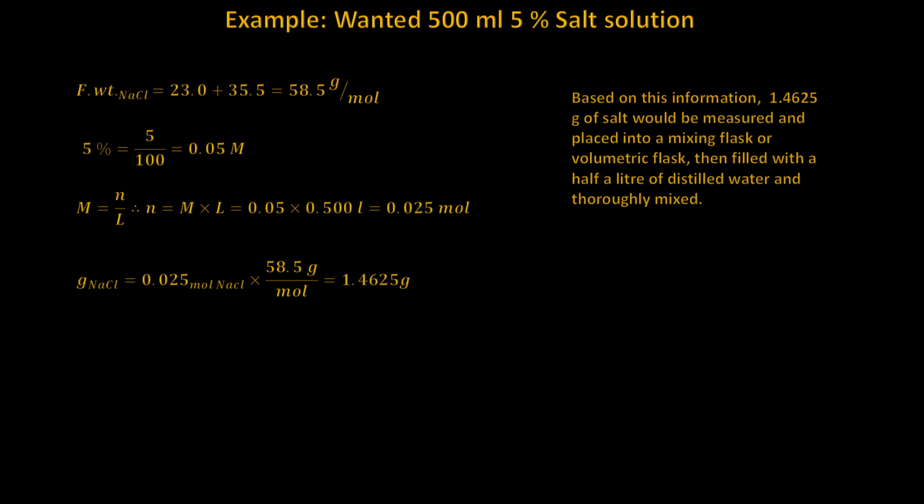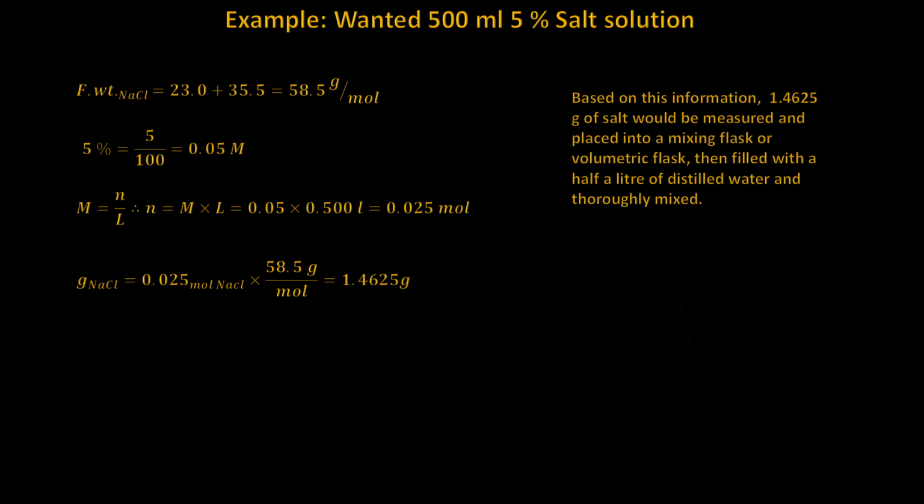To make this 500 ml solution, 1.46 grams of salt would be placed into a volumetric flask. 400 ml of distilled water would be added and mixed until all salt was dissolved, then topped up to the 500 ml calibration mark marked on the neck of the volumetric flask.